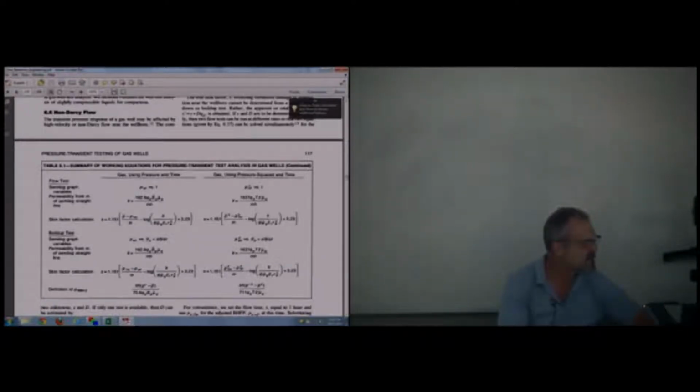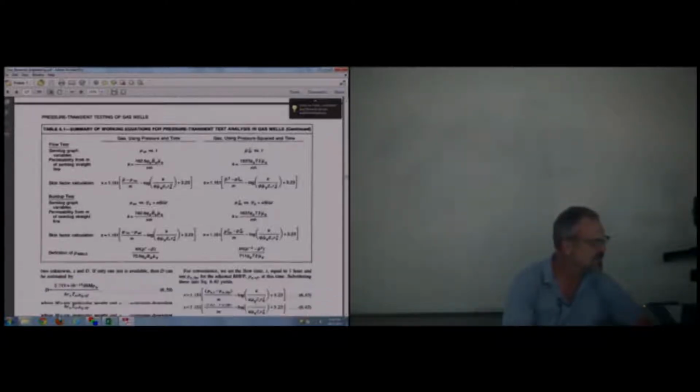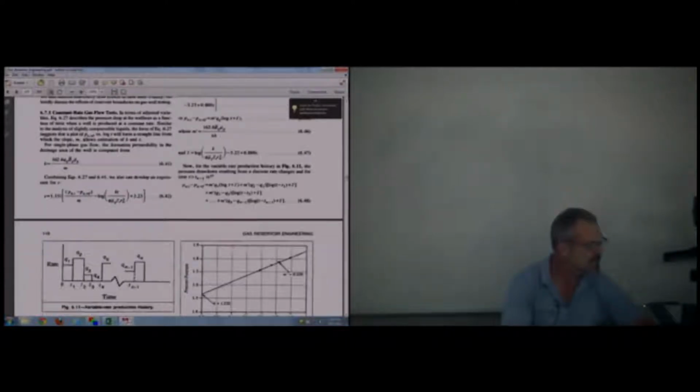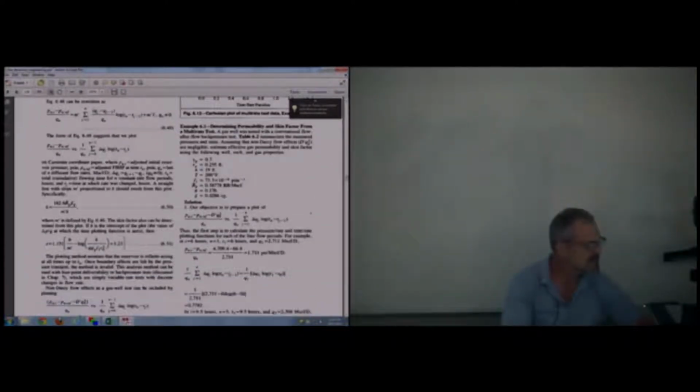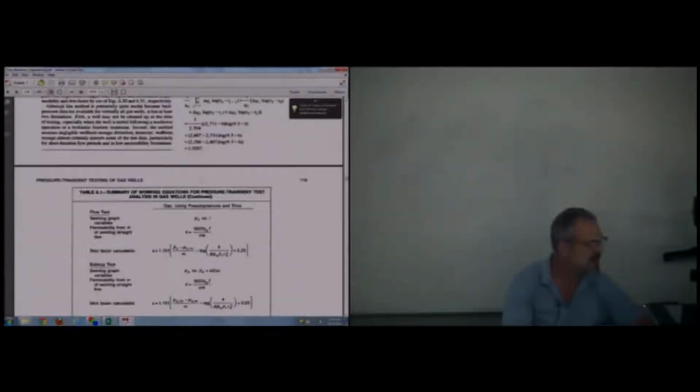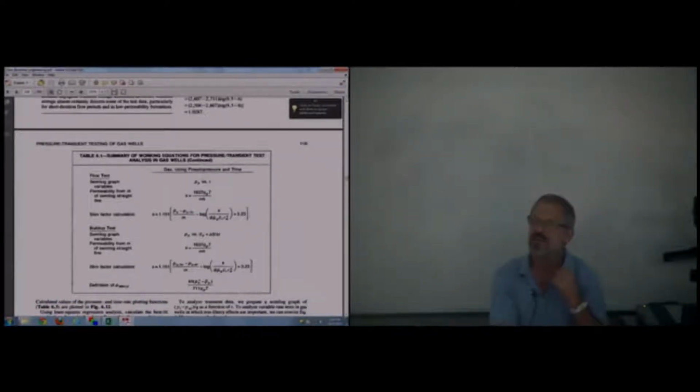Then we can use pressure squared and time. We're still not there. But we're getting closer. I can see this 1637 is the coefficient that I'm looking for. So it can be pretty confusing. Finally, part 3 of table 6.1, we have the equation I'm looking for: pseudo pressure and time.